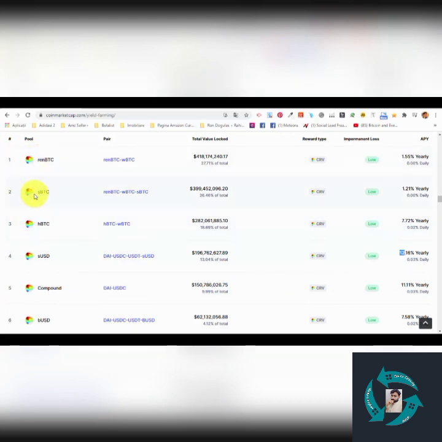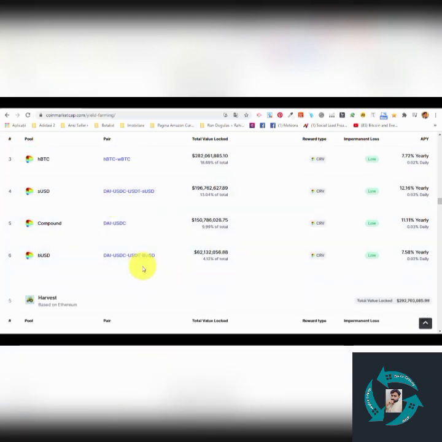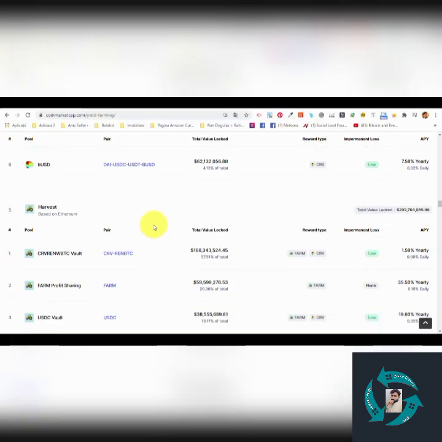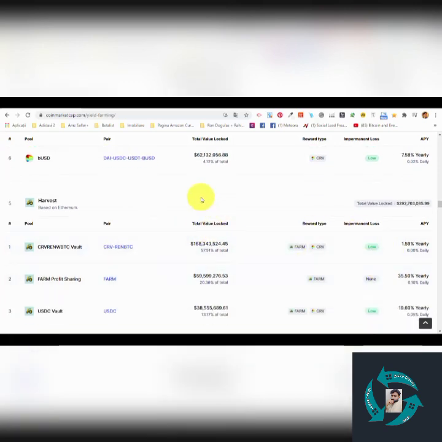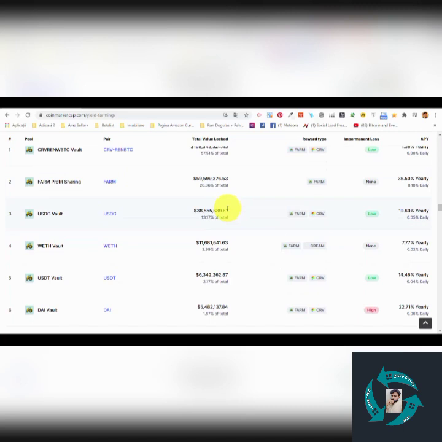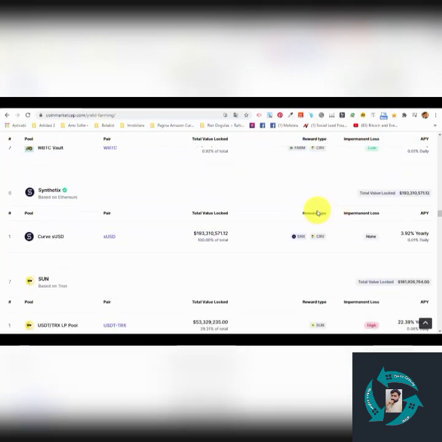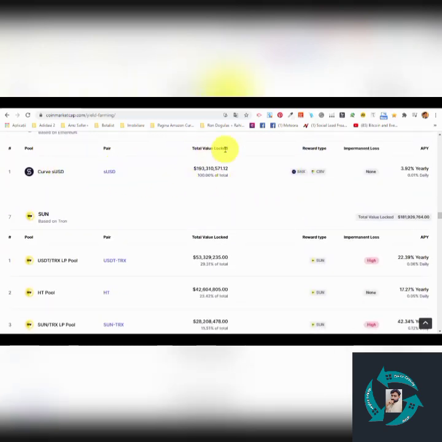So we can see that each pool has a different name and has a pair of two tokens. So people put here a pair of two tokens. Then we have Harvest, which again is pretty good. It has low impermanent loss risks and also good returns in some cases, like this one. Let's scroll down to see what else we have.